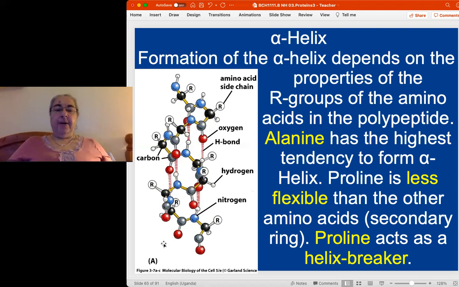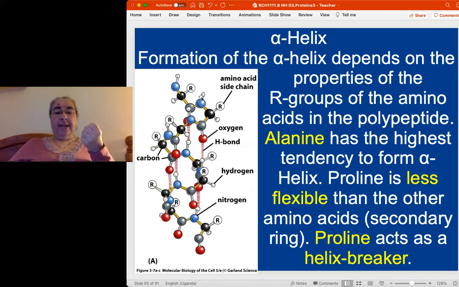The amino acid that's most likely to form alpha helix is alanine, the second to smallest amino acid. It's a bit of a puzzle why it isn't glycine. It's almost as if glycine is too small. So alanine, whose R group is a methyl group, if this is polyalanine, this helix will certainly form.